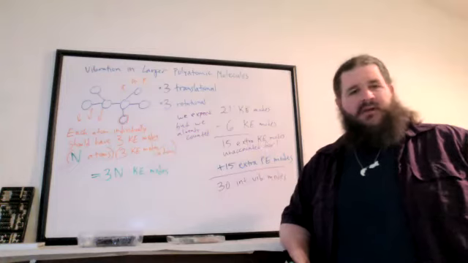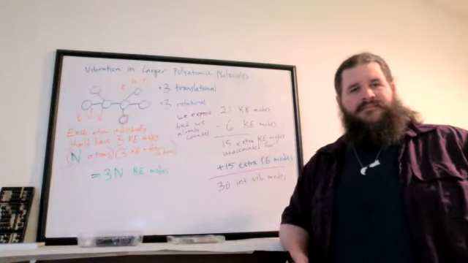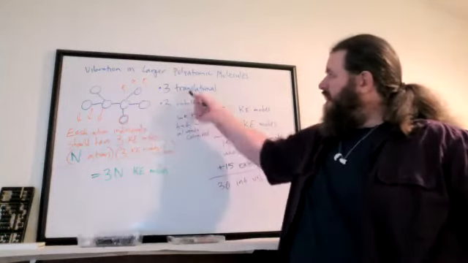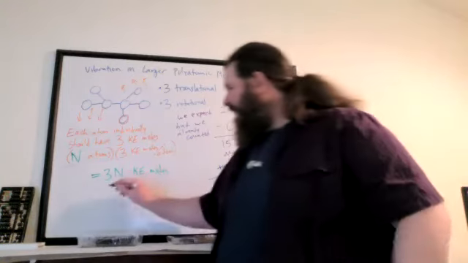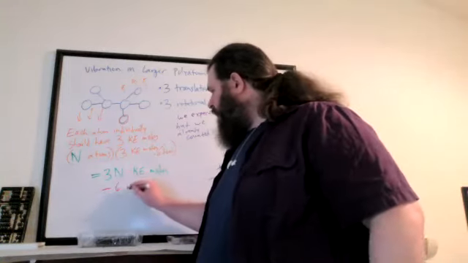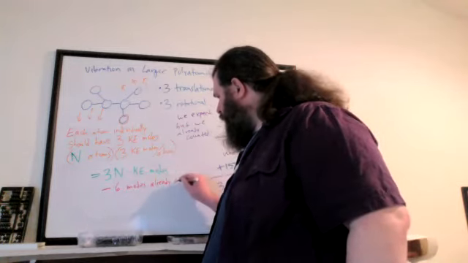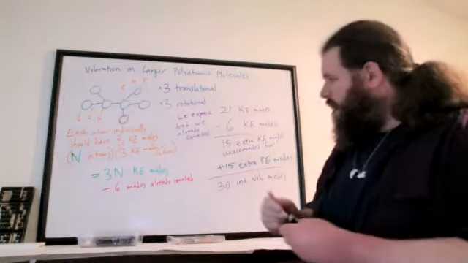But how many modes have we already counted? 6. Yeah, in this nonlinear molecule, we've already counted 6 modes. So we would deduct 6 modes already counted. Those are the 3 translational modes and 3 rotational modes.